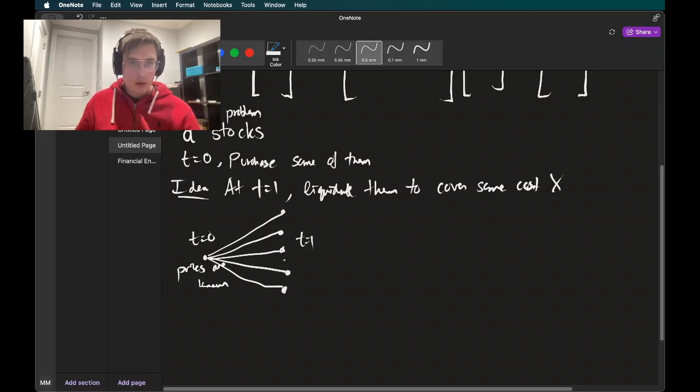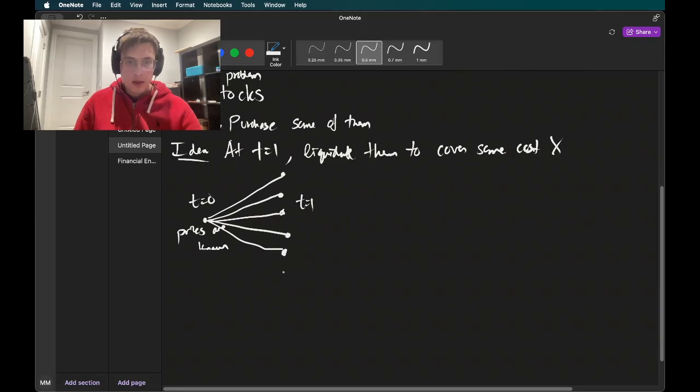Maybe you bought a stock and its price dropped to 0, so now it's worthless. Or you need to cover a much bigger cost than you expected. Both of these things are random. So at time equals 1, you need to pay x, and then the stocks change.